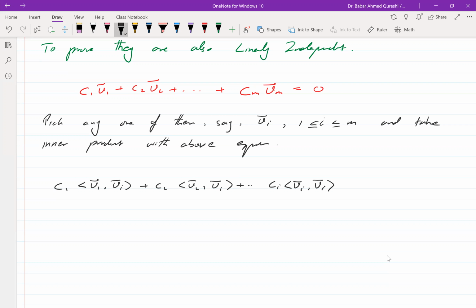If you had chosen i equal to 6, you will encounter V6 times V6 and so on. And on the right hand side, you are taking the inner product with the zero vector, which gives you 0.